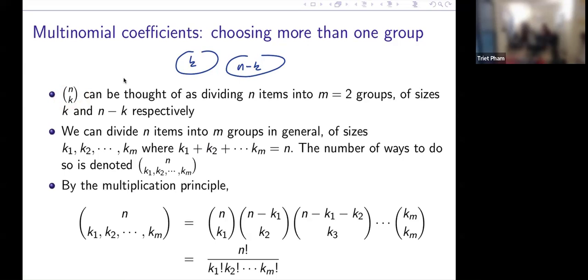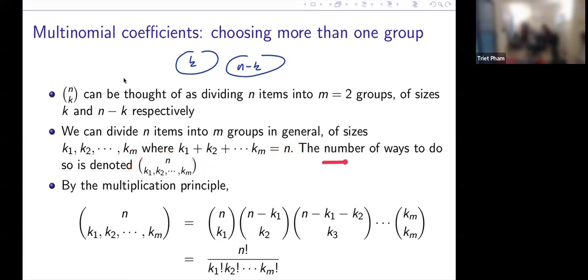But that doesn't have to be the end of the story. You can divide n items into m subgroups with these relative sizes. Of course, the sizes of the subgroups must add up to the size of the big group. But the question is, how can we do that, or how many ways can we do that?